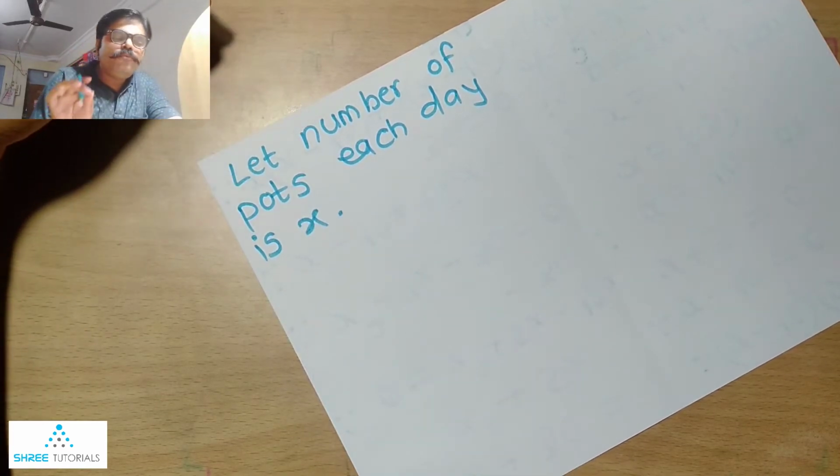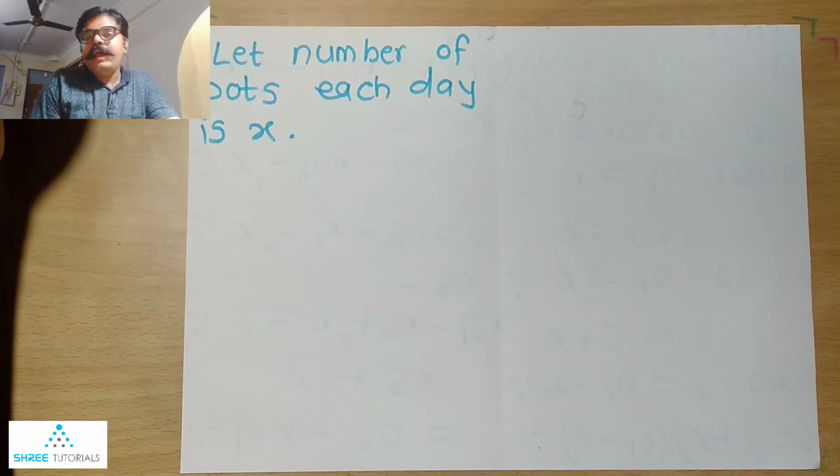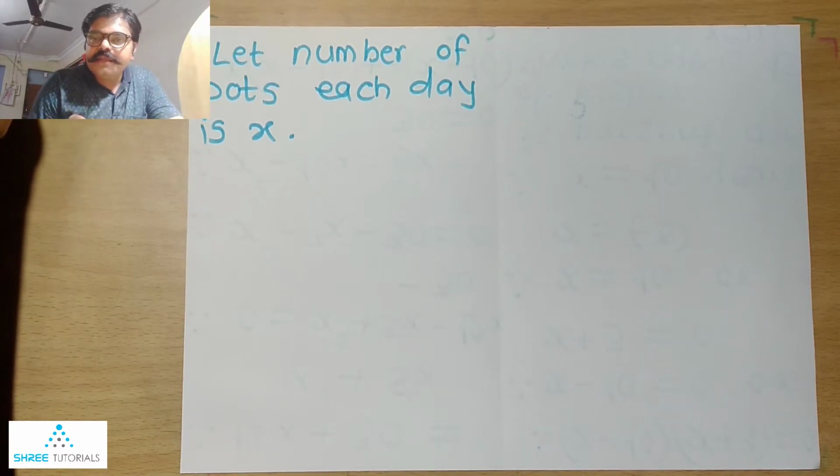So the total number of pots made by that person is x. Alright, and what they have given us is that the production cost of every pot is 40 more than 10 times the number of pots made in each day.